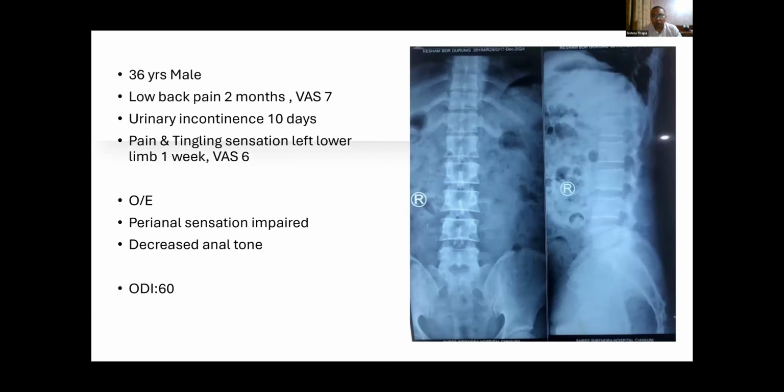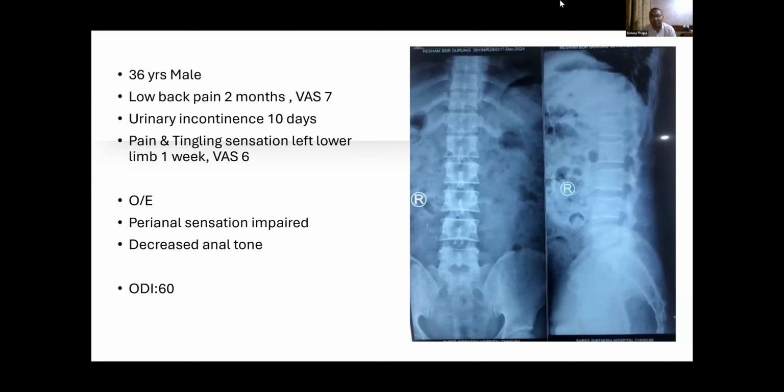Next page. Okay. This is a 36-year-old male patient who presented to us with low back pain for the last 2 months with a VAS of 7, urinary incontinence for 10 days, and pain and tingling sensation in the left lower limb for 1 week with a VAS of 6. On examination, there is decreased sensation in the left L5-S1 dermatome, impaired perianal sensation, and decreased anal tone, with a preoperative ODI of 60.